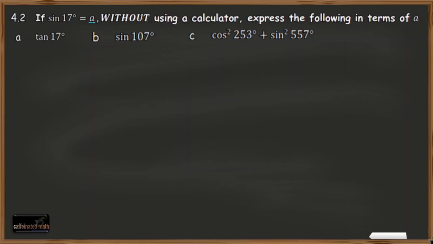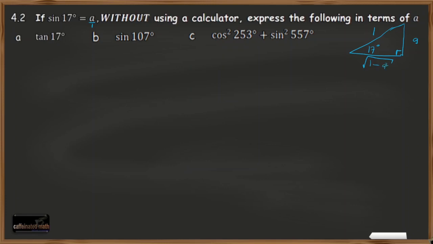So a can be rewritten as a over 1, and if we place that in a right angle triangle, well, this will be our 17 degrees. So sine is opposite over hypotenuse, and with a little Pythagorean magic, that will be the square root of 1 minus a squared.